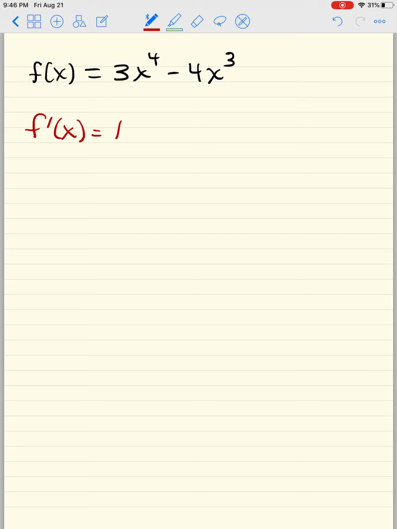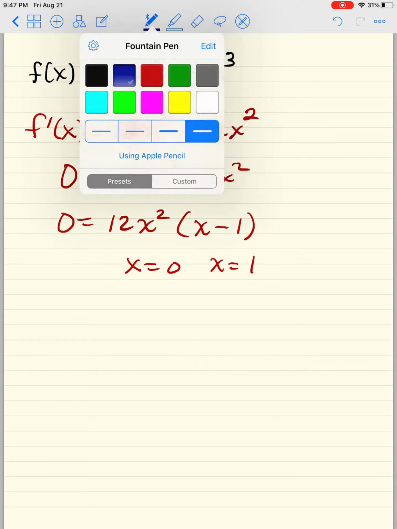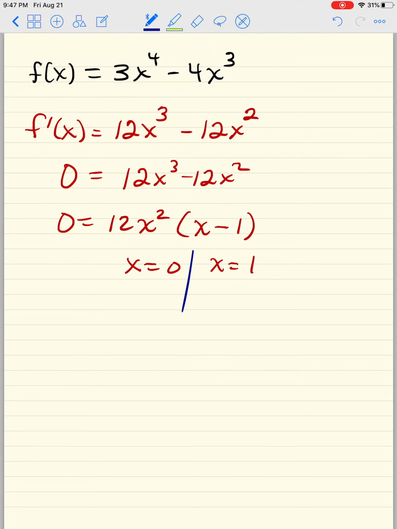F prime of x is equal to 12x to the third minus 12x squared. I'm setting the derivative equal to 0, and then I'm going to solve. I have to factor out a 12, factor out an x squared, and then I'm going to have an x minus 1. So x equals 0 and x equals 1, because you guys know how to solve for this, right?